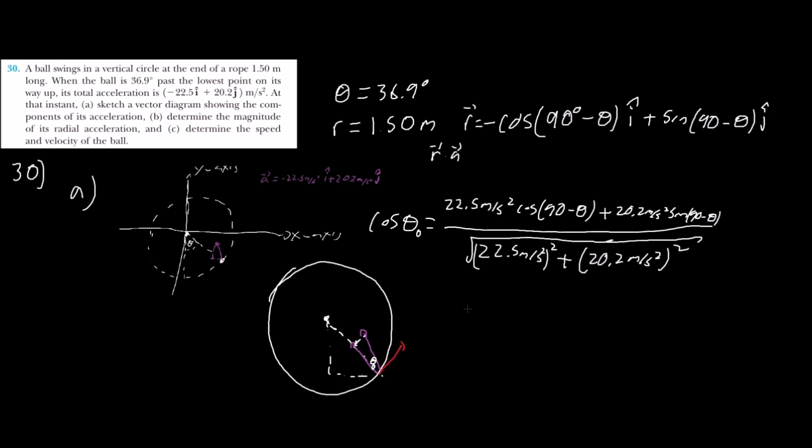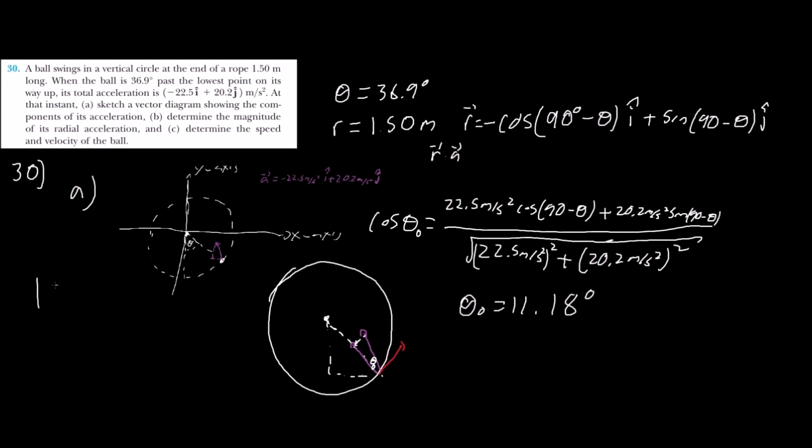That's going to be the angle that we're looking for. Once we get that angle, we take the cos inverse. All right, folks, once you get this value and take the cos inverse, theta naught is going to be 11.18 degrees.